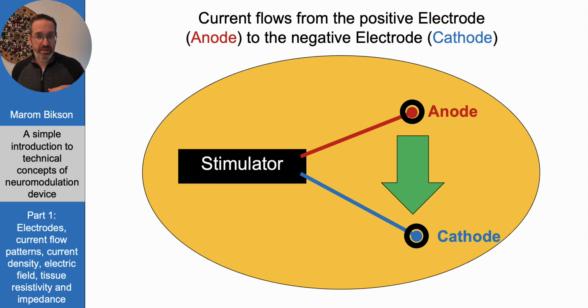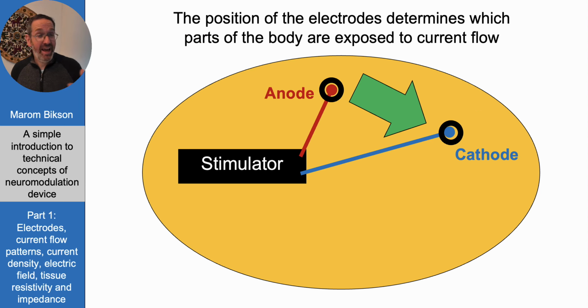And so if you think about it, you can see that you must always have two electrodes. One is the anode. The anode is where current is entering the body from the device. And then you have an electrode called the cathode, which is the other electrode, which is drawing current out of the body. So that is the anode electrode and the cathode electrode.